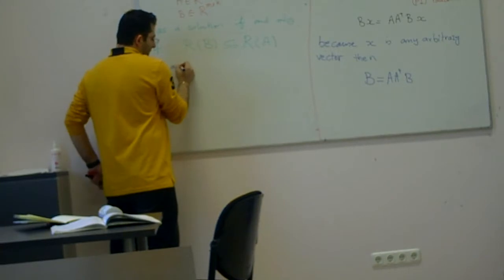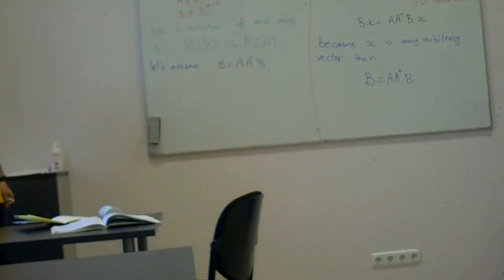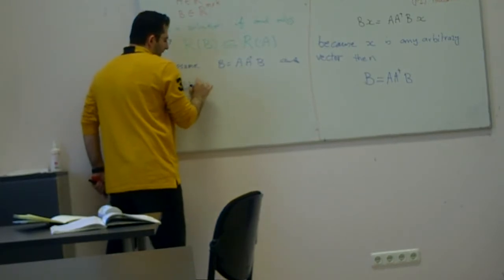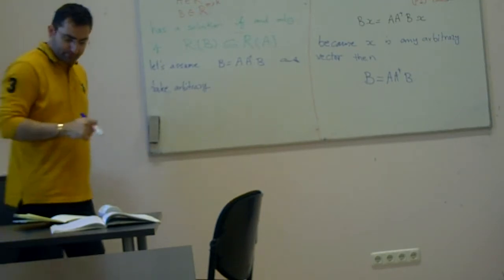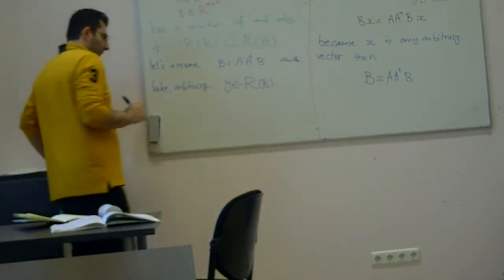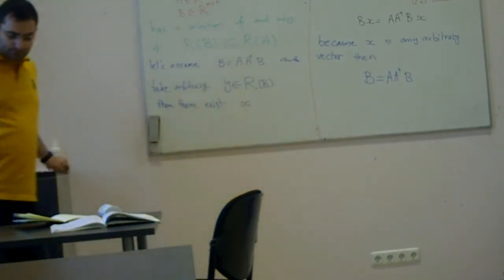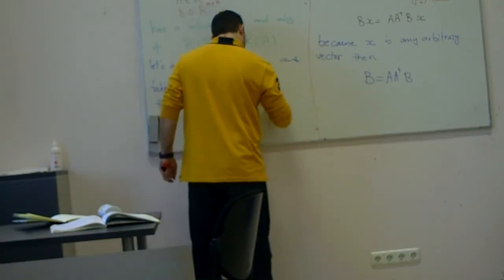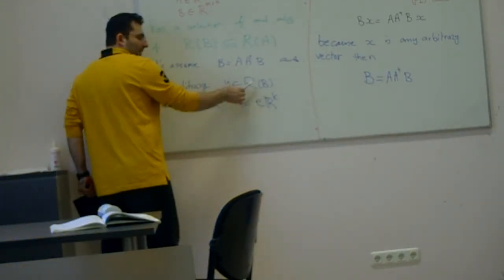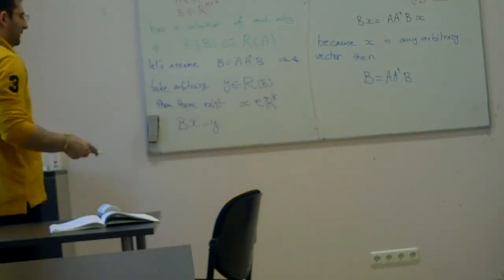Let's assume B is A plus B, and take an arbitrary vector Y which is in range of B. Then there exists a vector X such that Bx is equal to Y, because Y is in the range of B.